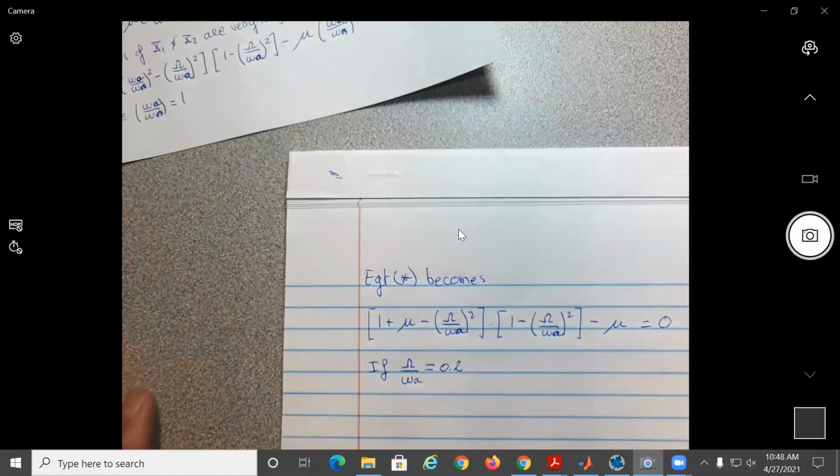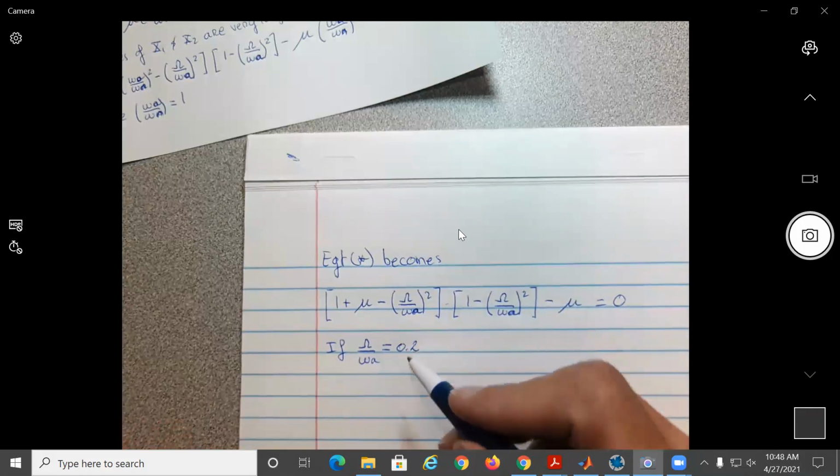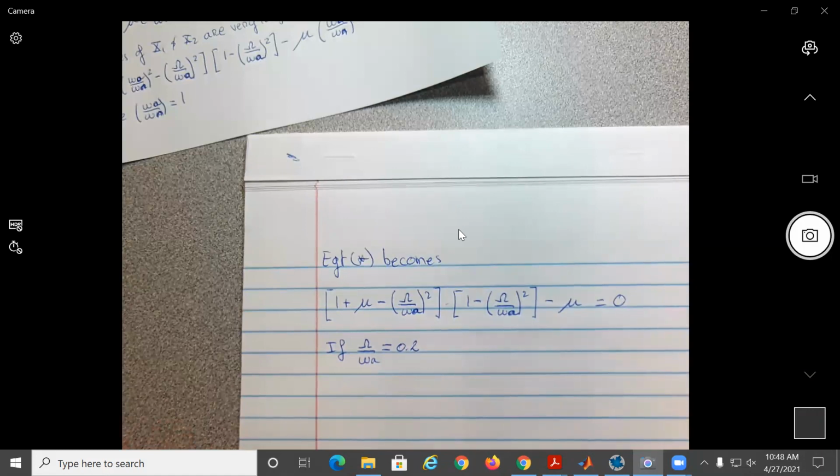Oh, wait, that would be 0.8. Hold on one second. Needs to be at least 20% from the impulse frequency. So this would be 0.8, instead of 0.2.